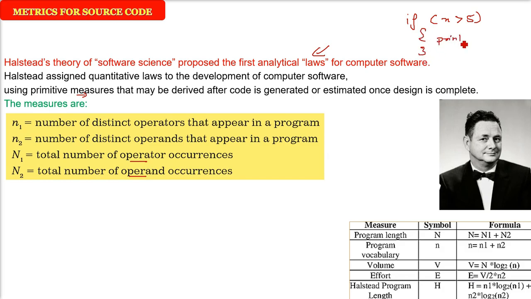Please remember, operators are all those symbols which are provided by the programming language, and operands are all those which a user has defined and declared. So if is an operator, braces operator, round bracket operator, angle bracket operator, double quotes operator.